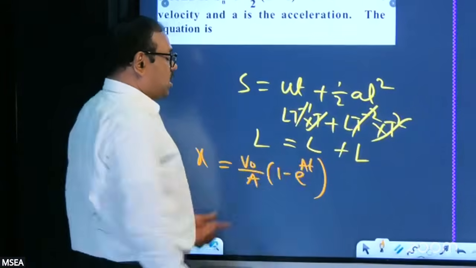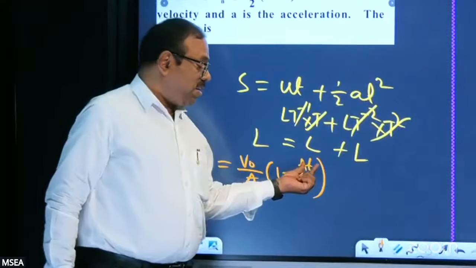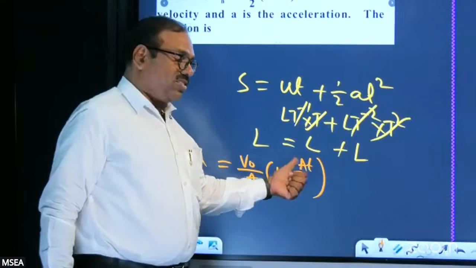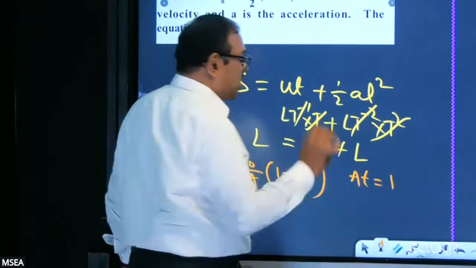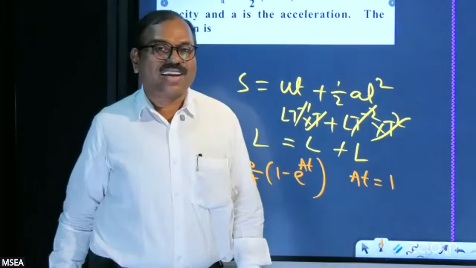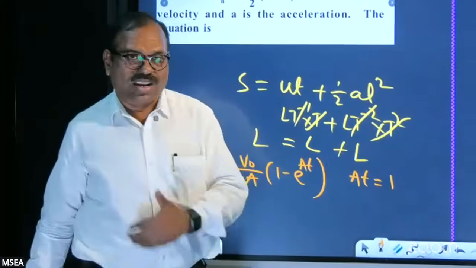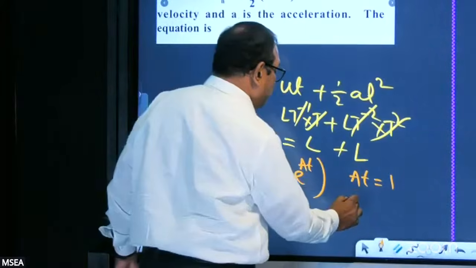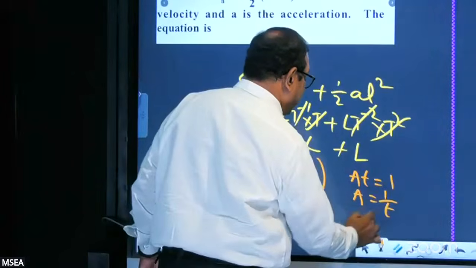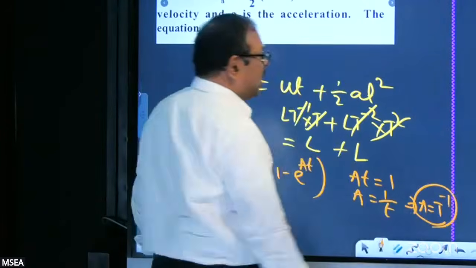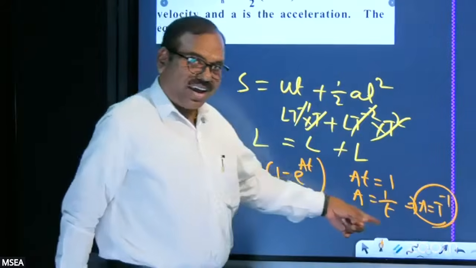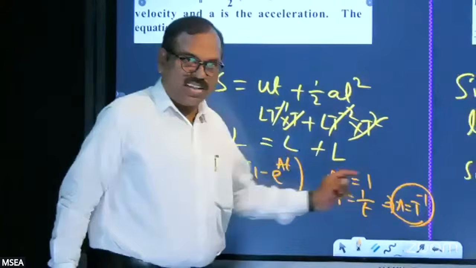As it is an exponential power, the exponent should be a number or dimensionless. This one, at, is a dimensionless quantity. I can take it as either 1, 2, 3, anything. It's a number. That's why a is equal to 1 by t, or a is equal to t power minus 1. Therefore the dimensional formula for a is t power minus 1.